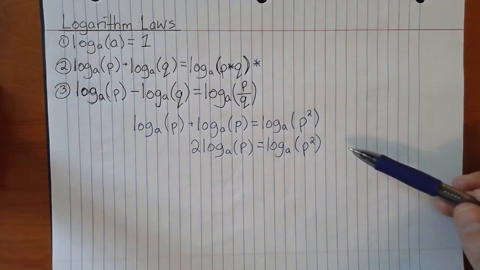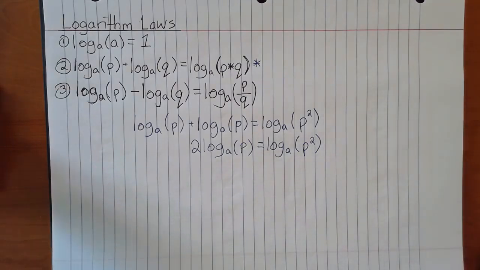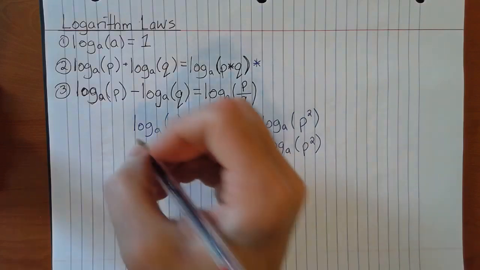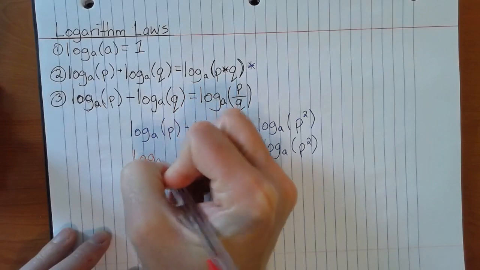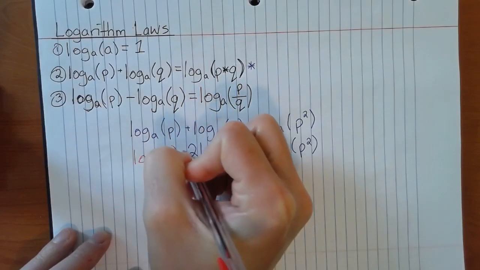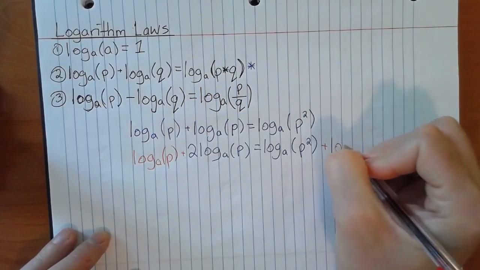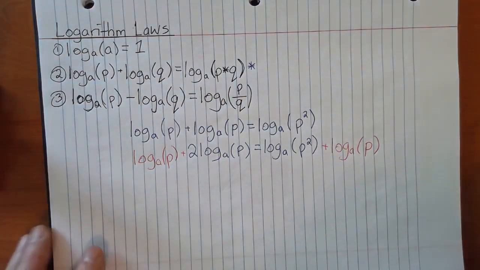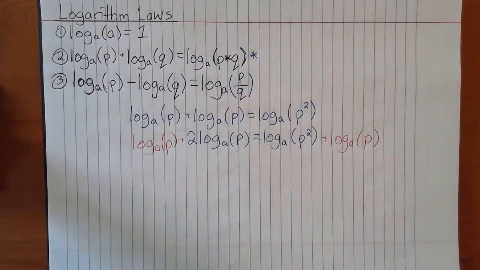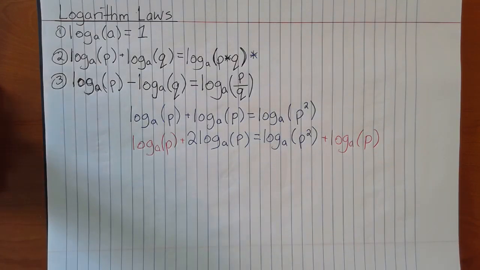Now, you might be able to tell what the law is going to be, but let's see if we can extend this a little bit. On the left and the right side, we're going to add the exact same thing: log base A of P plus log base A of P. Since we added the same thing to both sides, we still have a balanced equation.